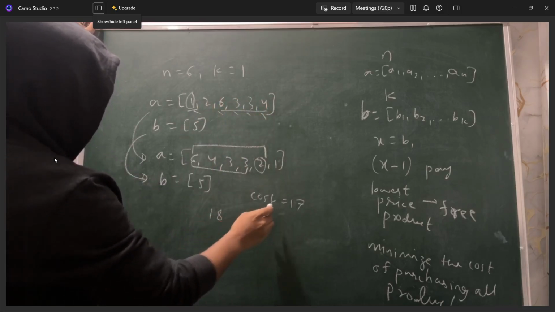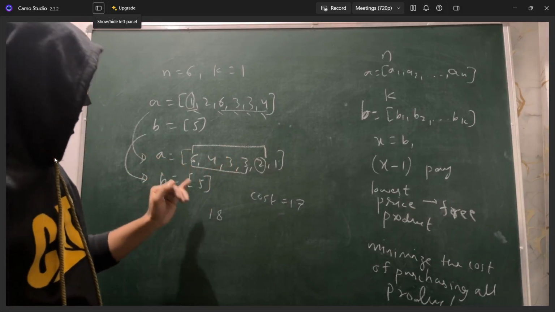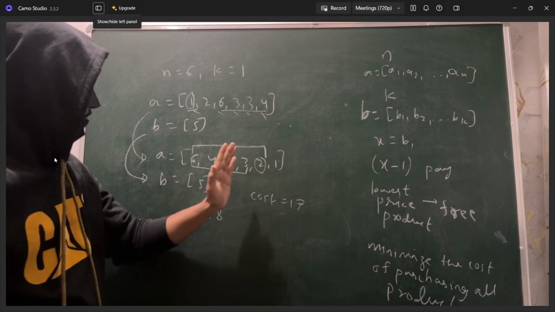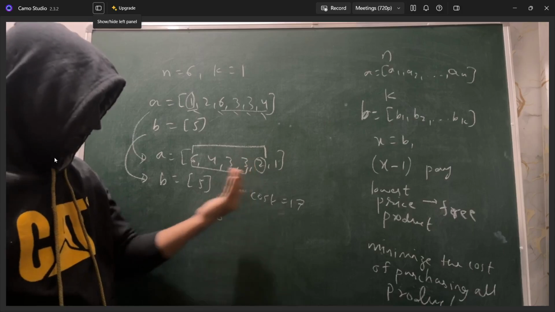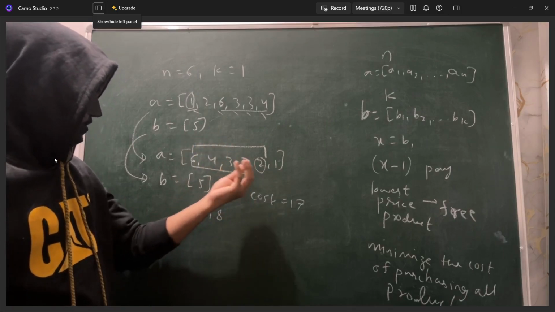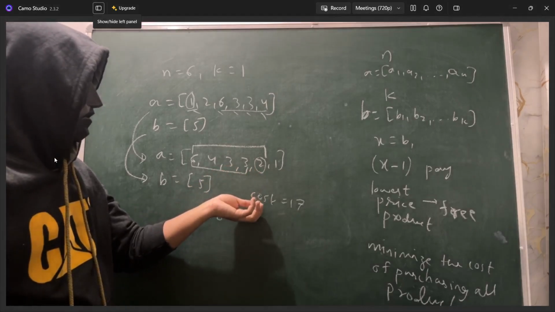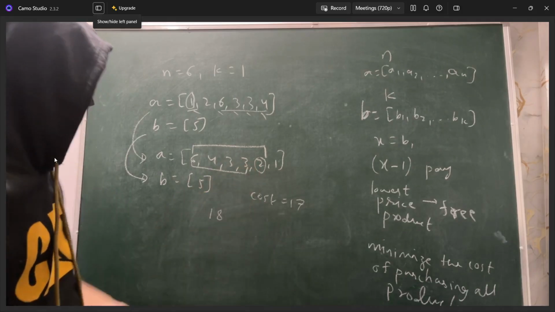So the minimum cost is 17, right? That's why we sort in decreasing order, so that we get the groups continuously, and whatever element you get as soon as possible has the max value, and that value you get free of cost, so your cost effectively will decrease.